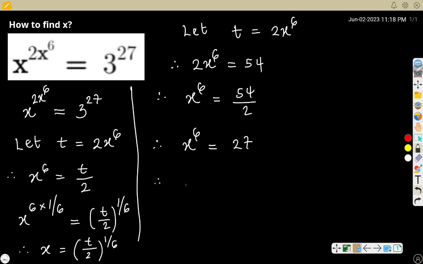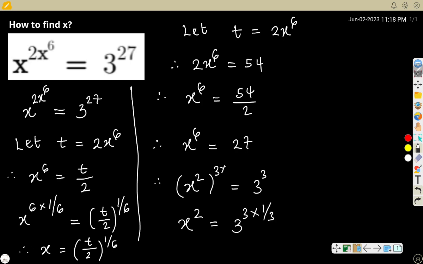So this is the same thing as s squared raised to power 3 is equal to 3 raised to power 3. 2 times 3 is 6. So if you take the cube root of both sides, or multiply both powers by 1 over 3, that means s squared is equal to 3 raised to power 3 times 1 over 3.